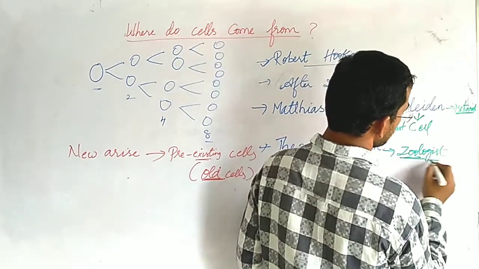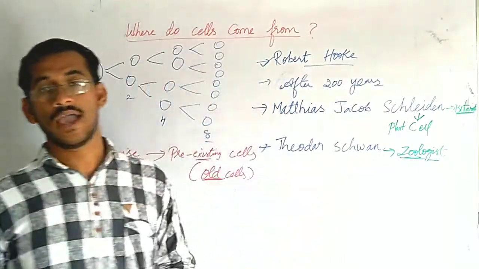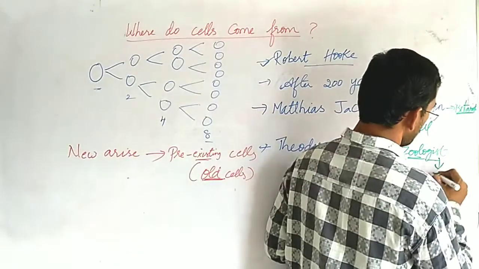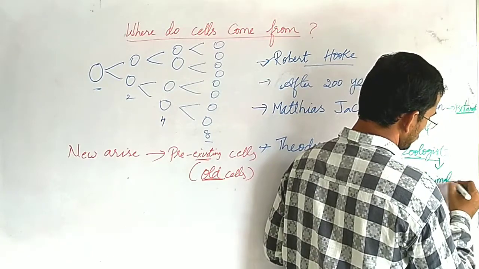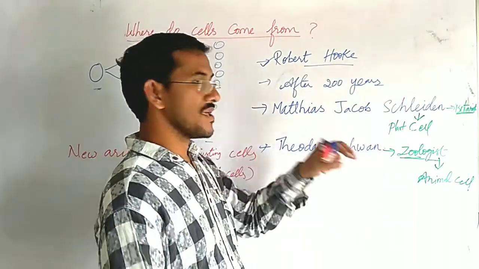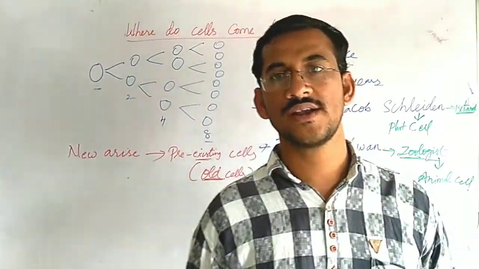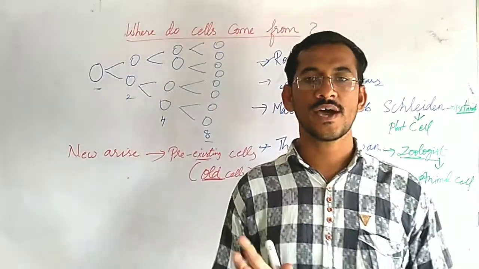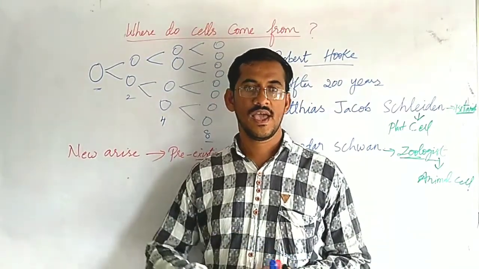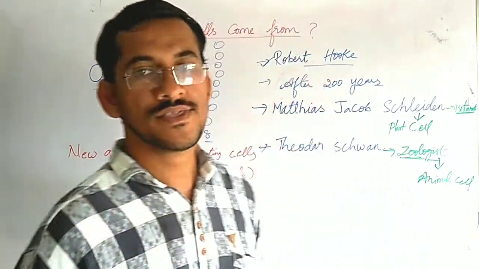Zoo means animal. So he studied animal cells. He focused on animal cells. And these two scientists together came to one conclusion that all living things are made up of cells, and they formulated cell theory.